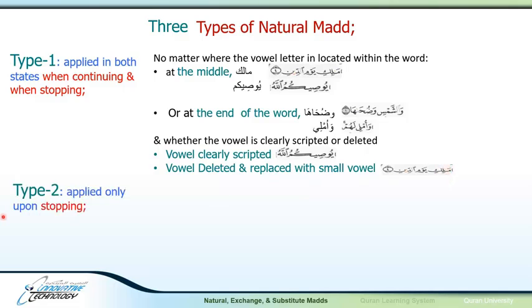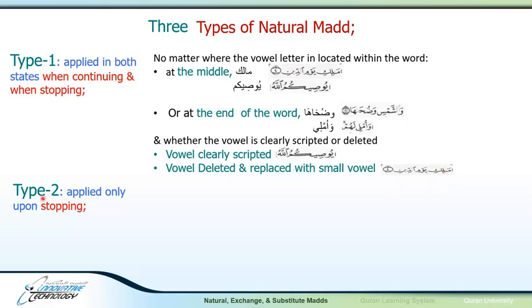So in all these cases, whether it's in the middle or the end of the word, or whether it is scripted or non-scripted, the med should be natural. As we see, all of those are given the black color except the non-scripted ones. The vowel is presented with the small alif that is given a different color to remind us of it.